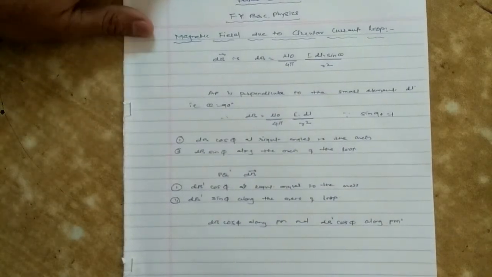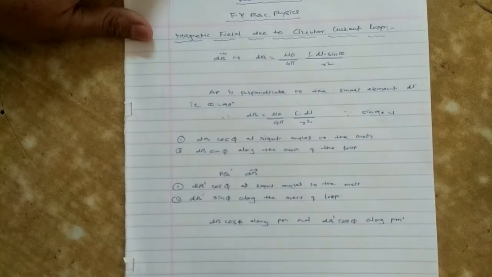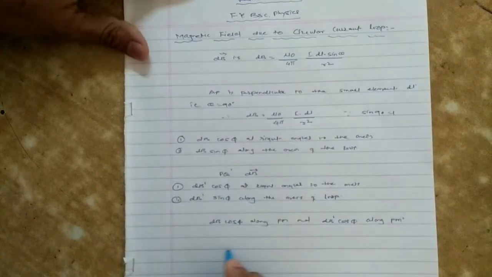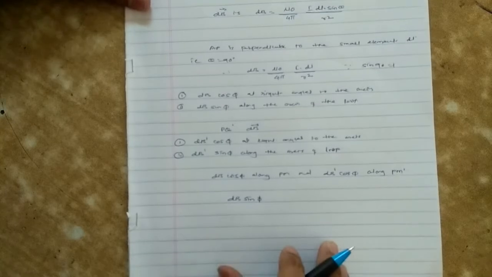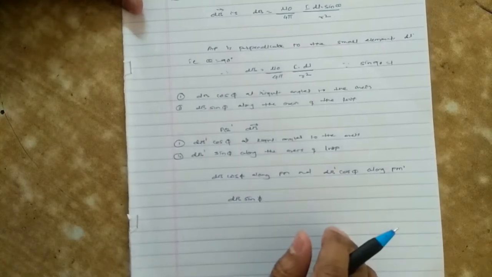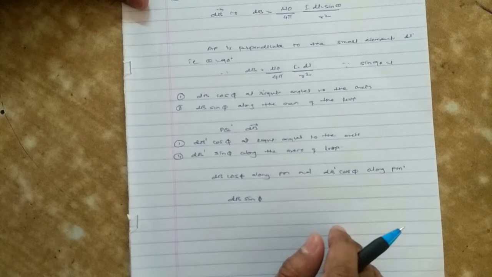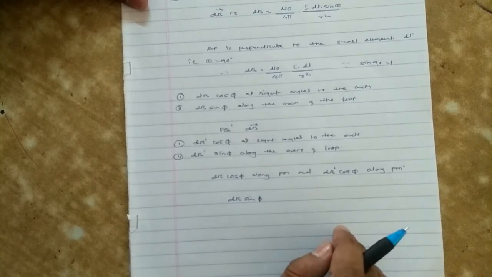But the components dB sin phi due to both elements are in the same direction, hence they add up. This happens for all such pairs of elements.